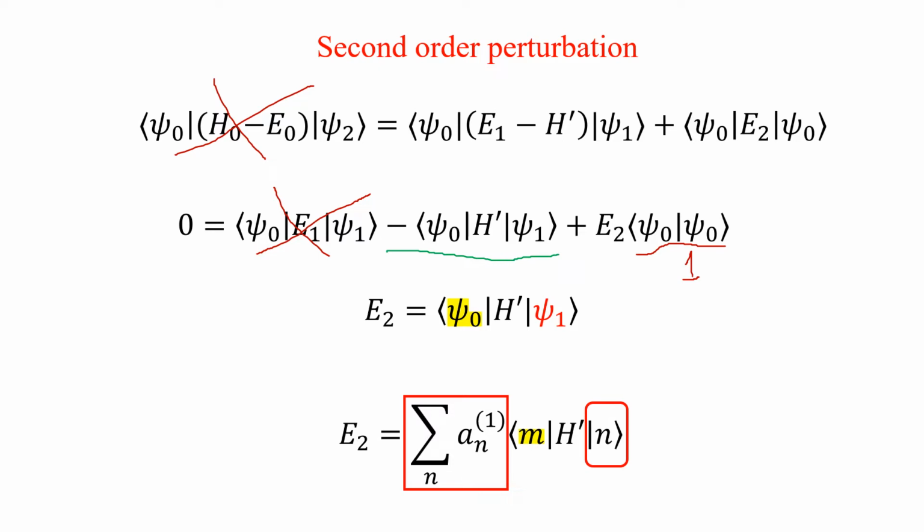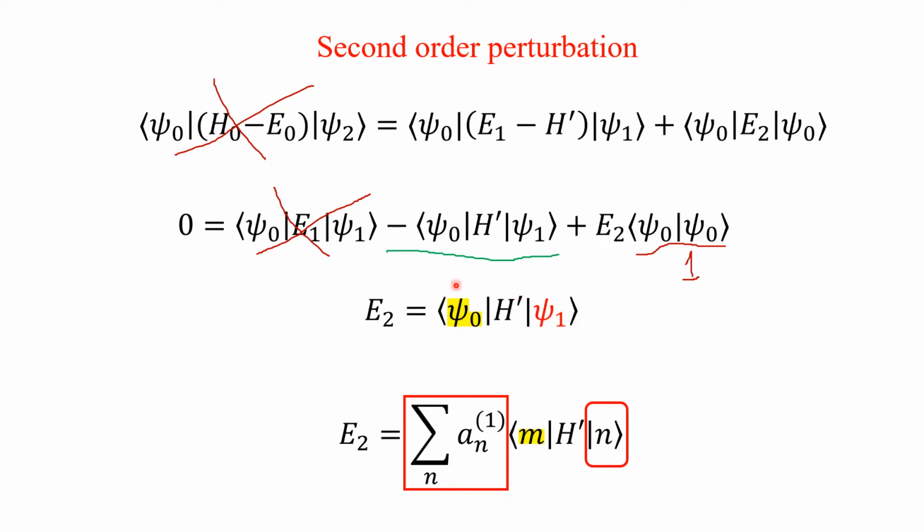You don't know what will happen if H prime acts on psi 1 because it's a perturbed Hamiltonian. So naturally, if you bring this to the right hand side, E2 will be equal to plus psi naught H prime psi 1.